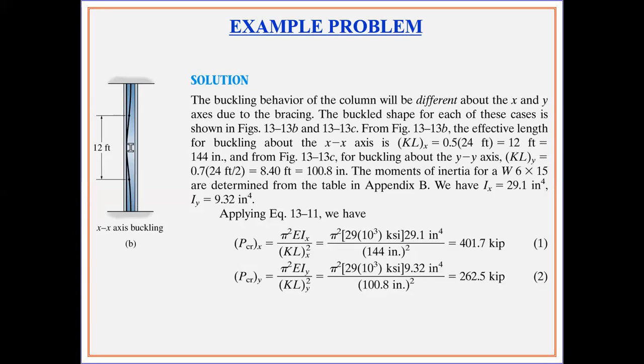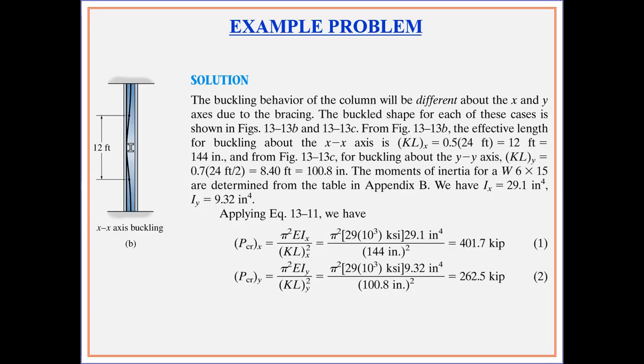The P critical would be pi square EI divided by (K into L) whole square, where E we already know, and I we have got from the appendix. We have already calculated that.